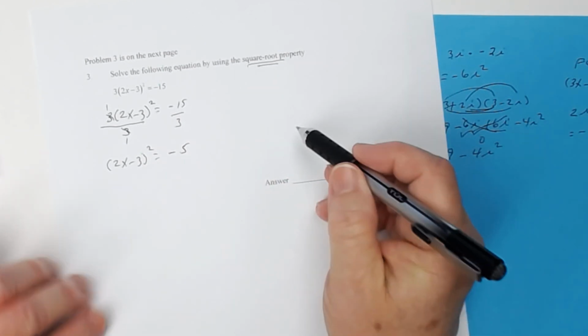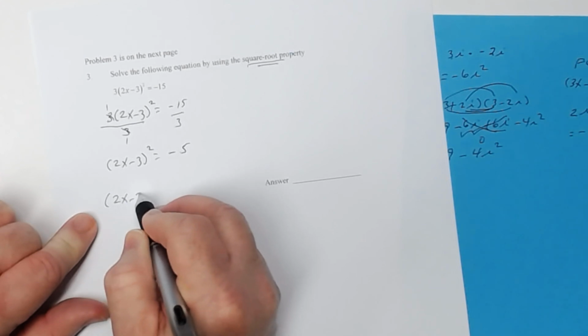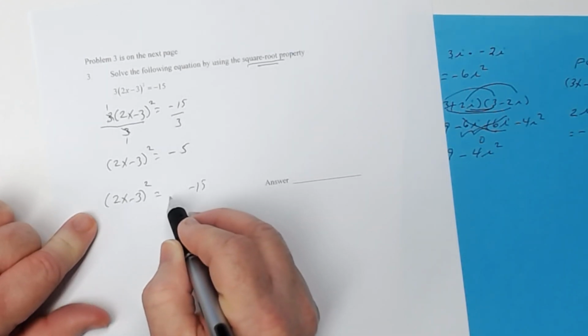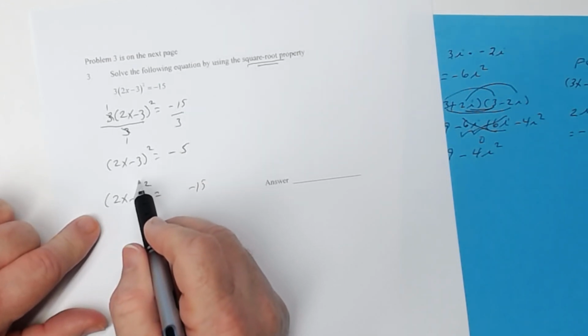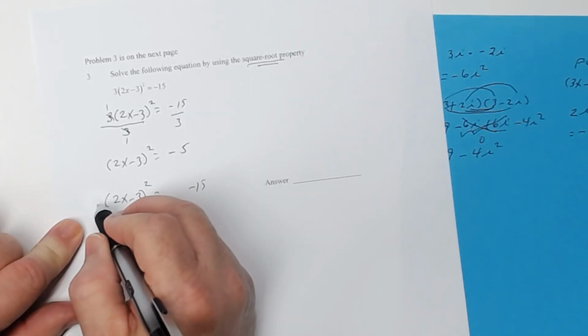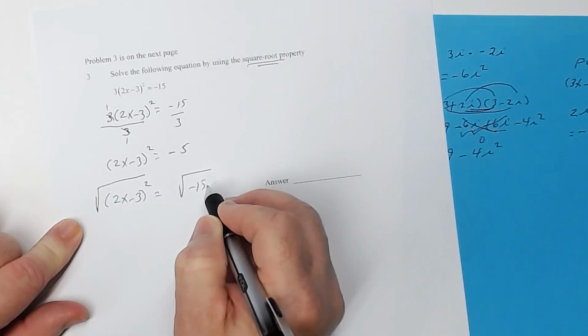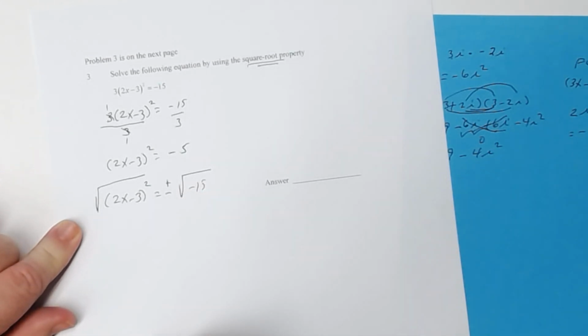All right, so the square root property at this point, remember, is where, I'm going to write this over. All right, I left some space here. So square root property is where you're going to get rid of that exponent of 2. The opposite of squaring is to take the square root of both sides. But remember, when you take the square root of both sides, you end up getting a plus or minus.